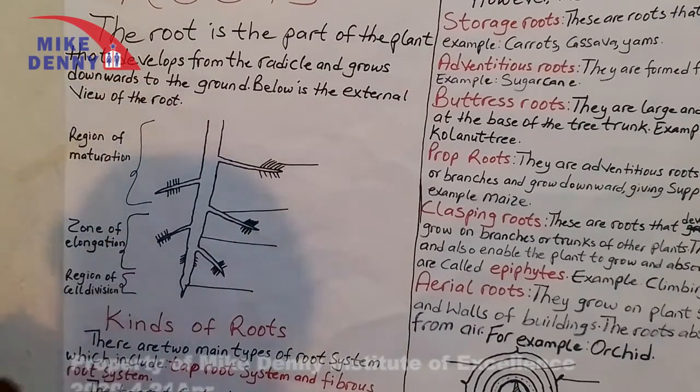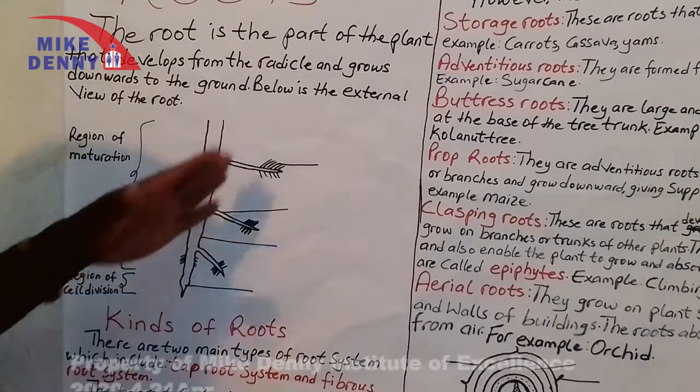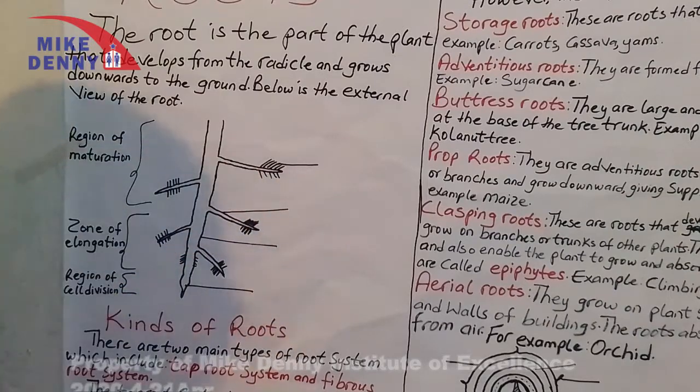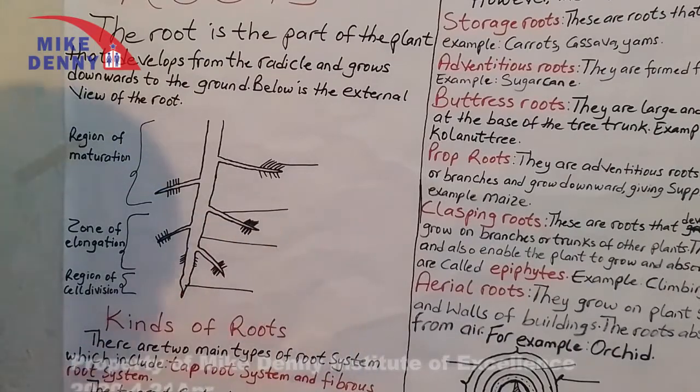And then we look at this diagram of the external part. We'll discover that there are some parts lacking. Can we name them? Can somebody give us what this part stands for? He says root hair. Correct.